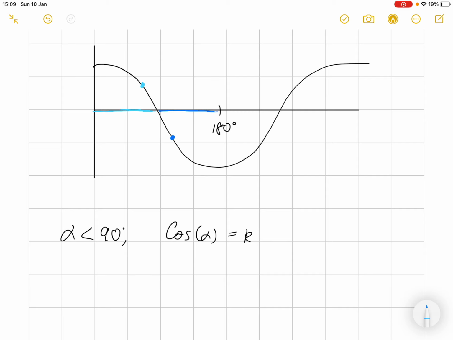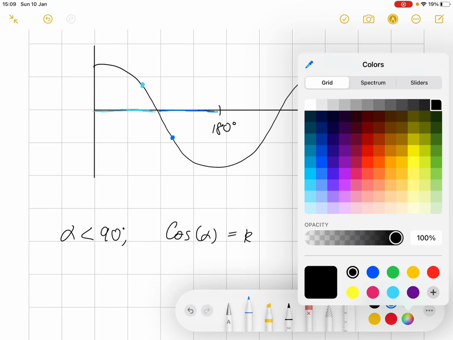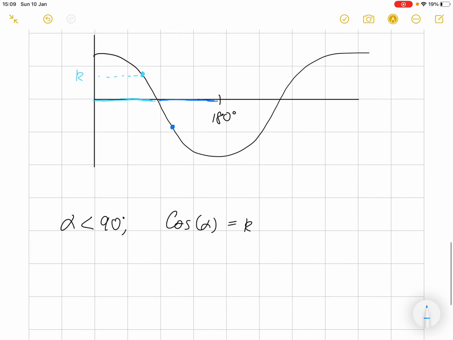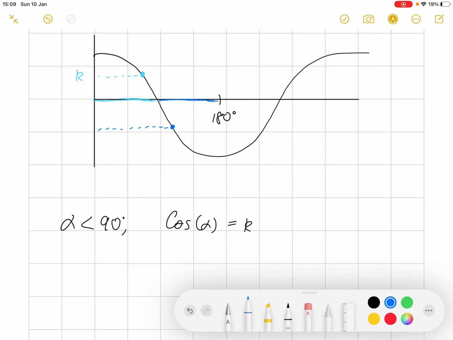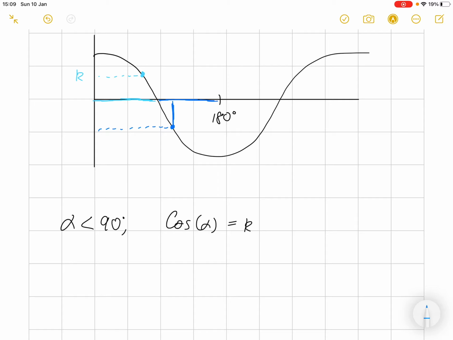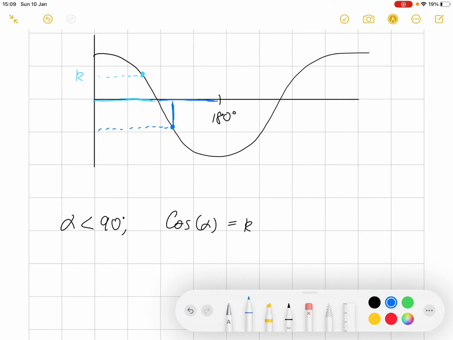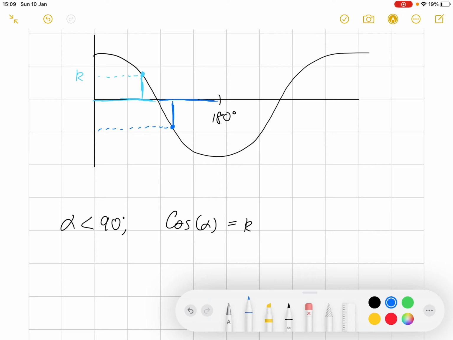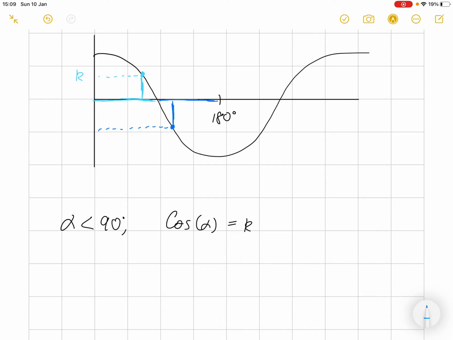Whatever the value of the light blue is, so let's say for example that this is k, this in the dark blue region is the same distance away. In other words, the actual absolute magnitude, the length of the line, if you were to take them out, put them into an abstract space and measure them, they would be exactly the same. But because they're orientated differently, i.e. one has to be negative, hint hint, we have -k.